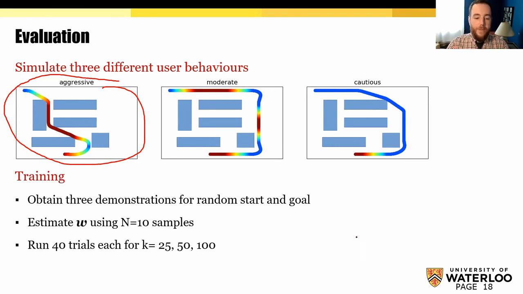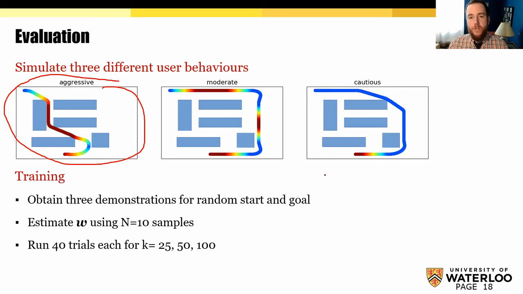We obtained three demonstrations for random start-goal pairs for each of the archetypes, and from that, we were able to estimate weights for each archetype. We ran 40 trials for each value of k in the minimum k-spanning control set. The three values of k we considered were 25, 50, and 100, which reflect three different possible branching factors.